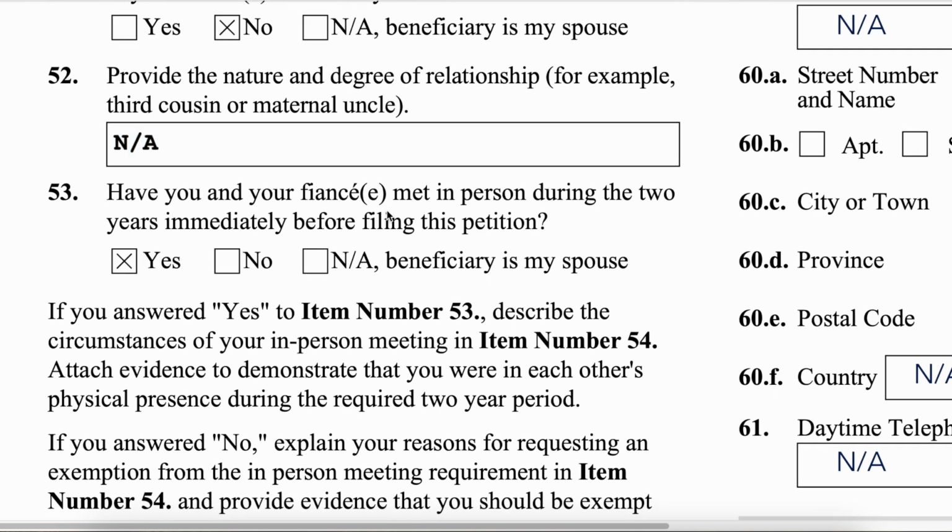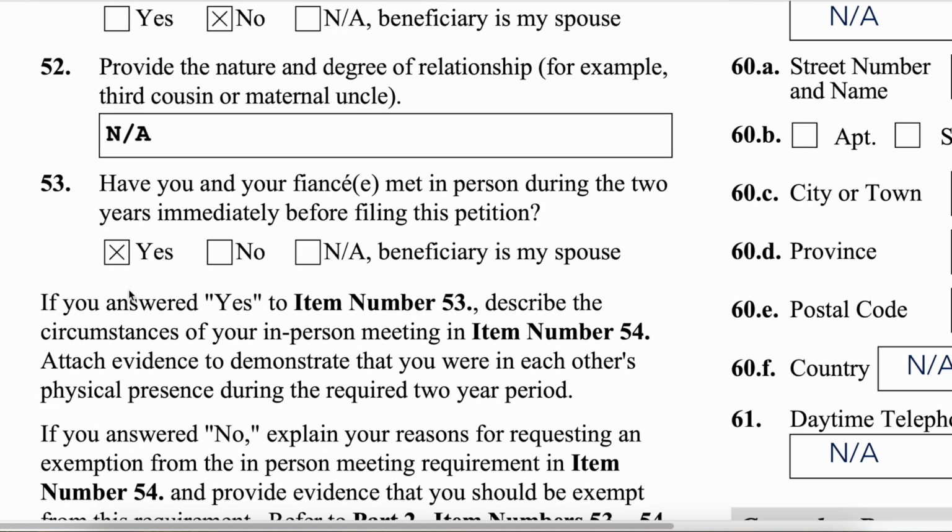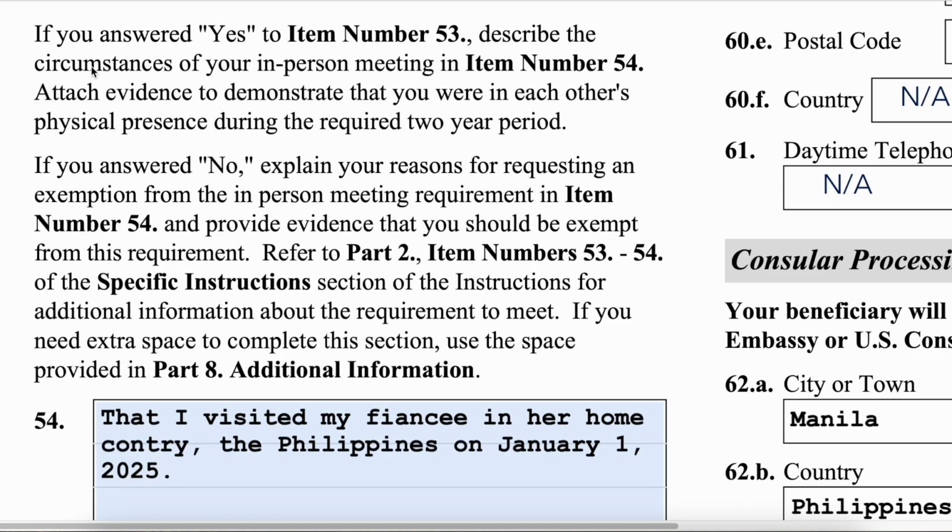Have you and your fiance met in person during the 2 years immediately before filing this petition? So we clicked yes. If you answered yes to item number 53, describe the circumstances of your in-person meeting in item number 54. Attach evidence to demonstrate that you were in each other's physical presence during the required 2-year period.